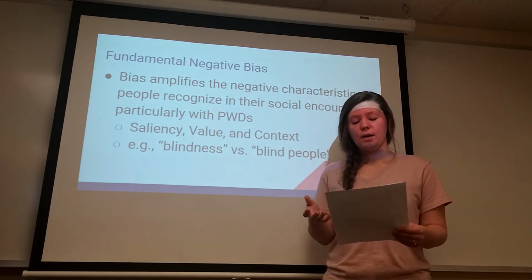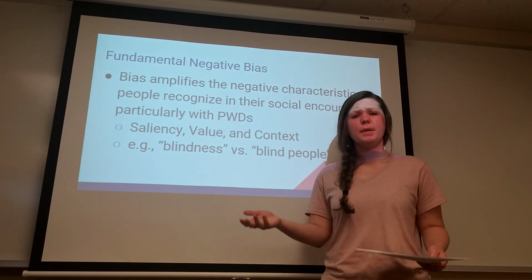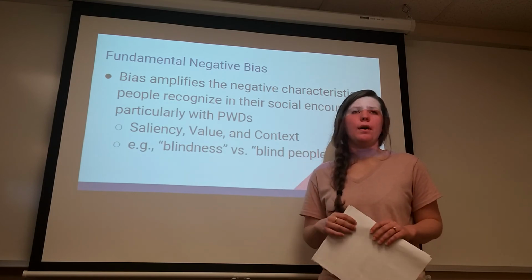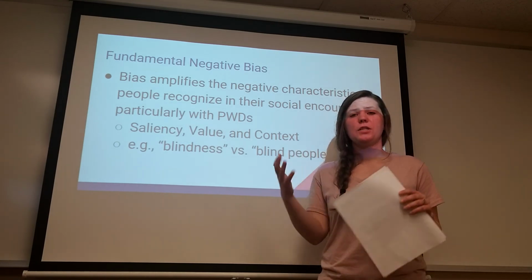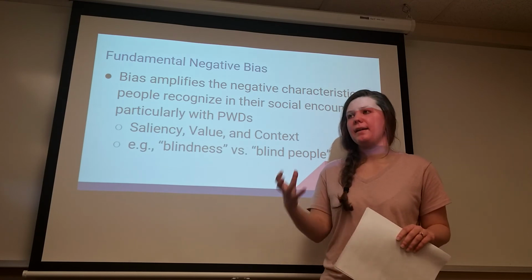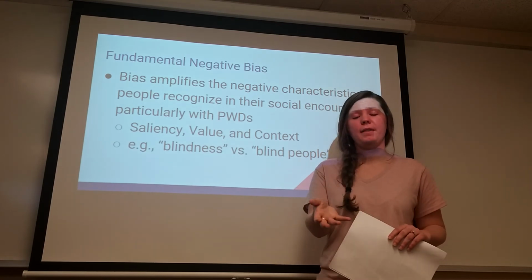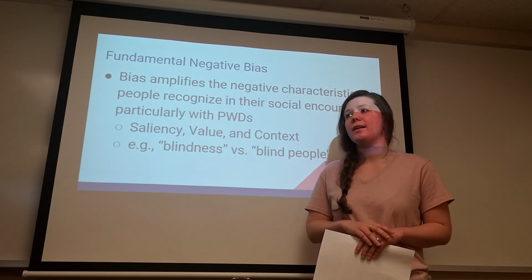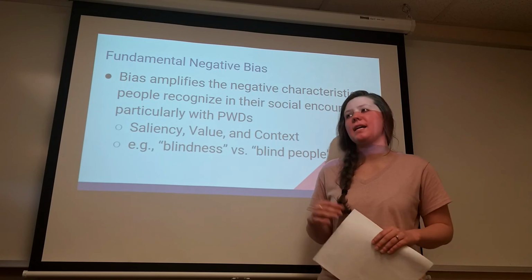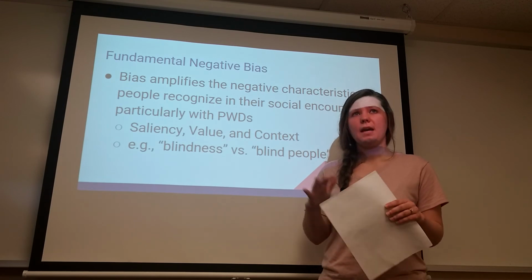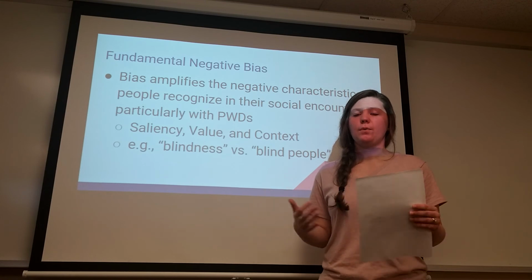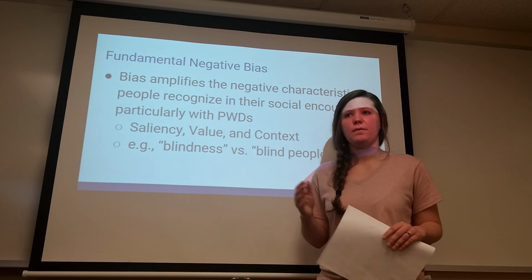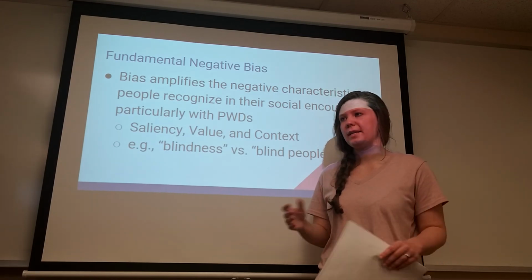And so the saliency occurs when an individual sees a PWD and they have maybe a wheelchair, or there's a speech impediment that's very obvious to them. That salience then exists, and they place value on that, and outside observers believe that that's a negative trait, and then the context is vague or not present, whereas if people know what the person is actually like, they are less inclined to see it as negative, and otherwise they see it as more negative than it actually is.